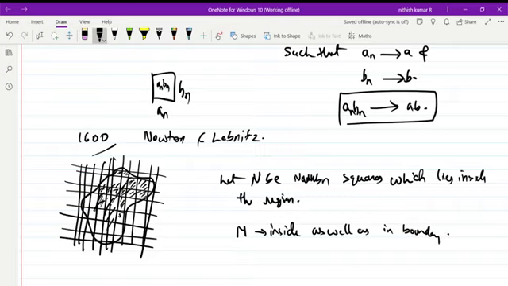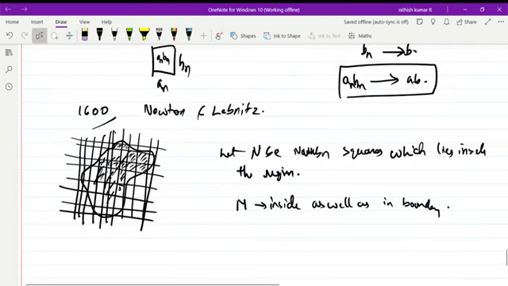What is the area of the squares which lie inside the region?